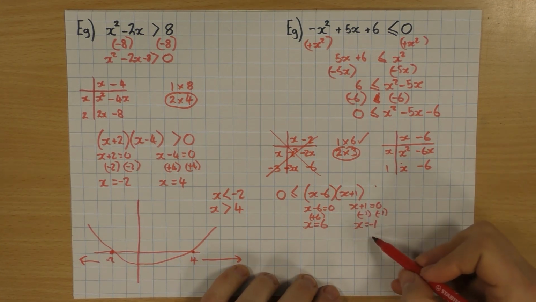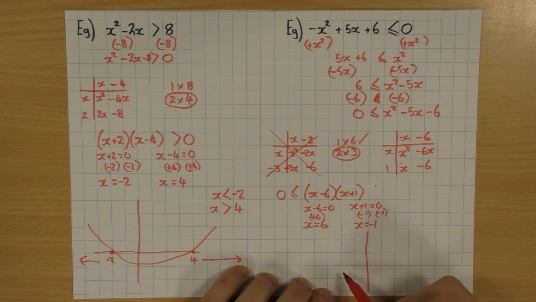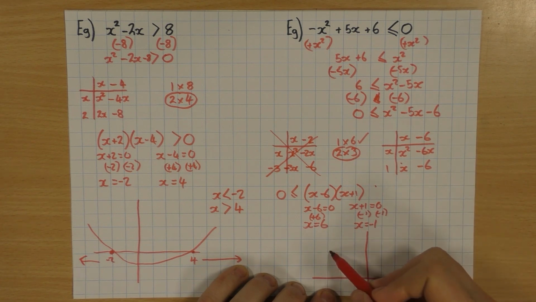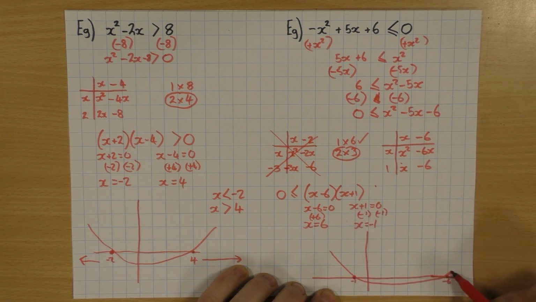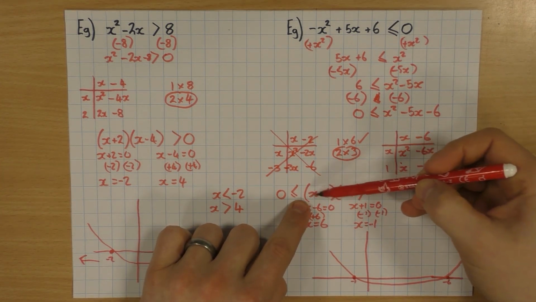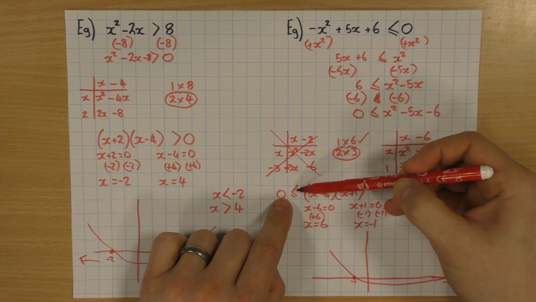Little sketch, very little sketch, I've run out of space. So we have minus 1, 1, 2, 3, 4, 5, 6 there. So there's my minus 1, there's my 6, and my curve. And we're saying, okay, well, when this is greater or equal to 0, remember, we're always pointing at smaller.